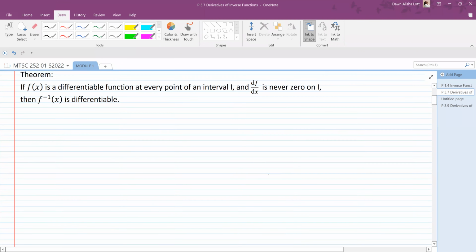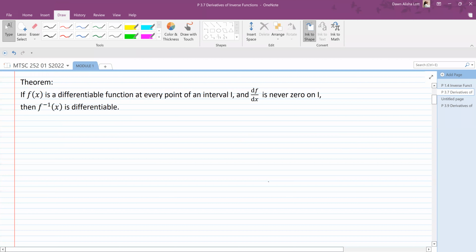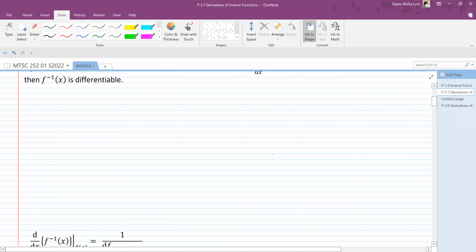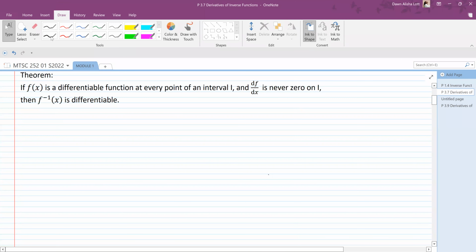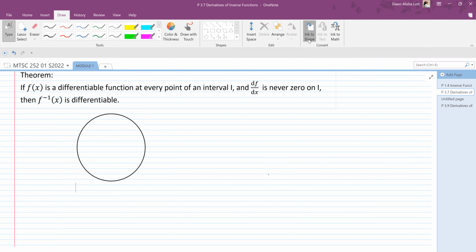All right, so the first thing is we have a function. So here's f of x. All right, we want to get rid of that.